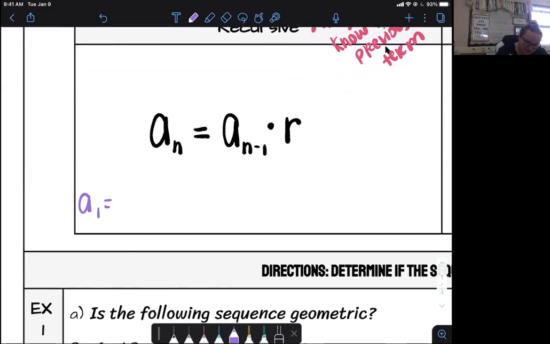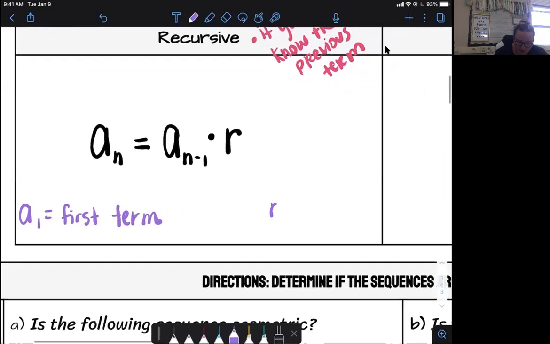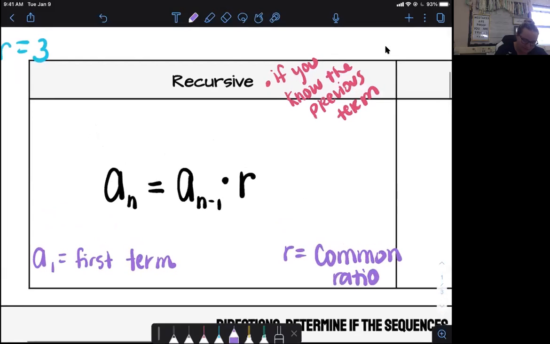A sub 1 is your first term in your sequence, and R is your common ratio. And I'll show you how to find your common ratio in just a minute. And then A sub n is the term that you're looking for. That nth term that you're looking for.